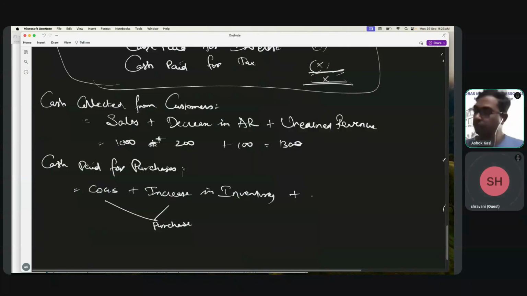Accounts payable, decrease in accounts payable.